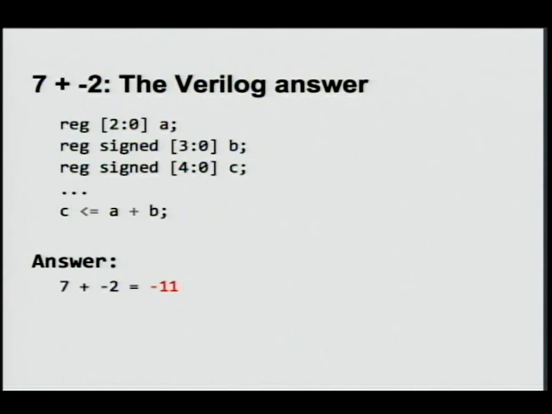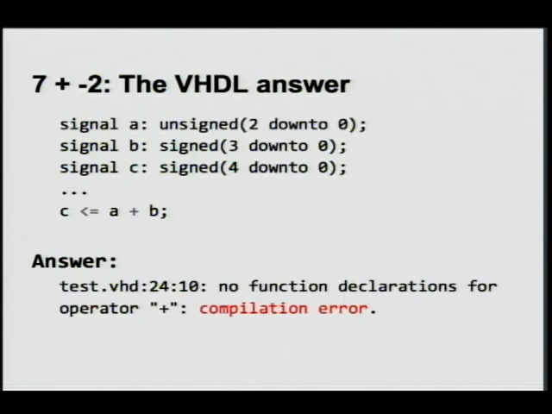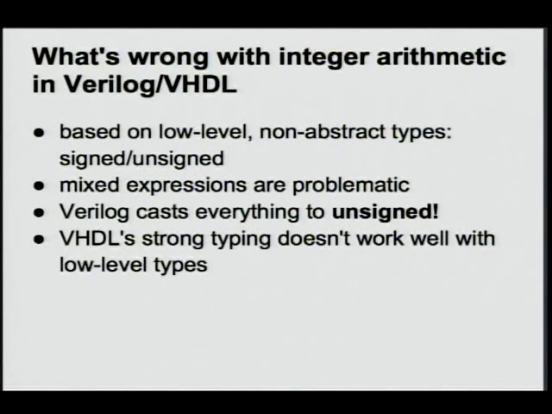Anyway, let's look at VHDL. Same thing. Slightly different syntax, but again, unsigned and signed. Equation: compilation error. You're not allowed to add a possibly negative number to a positive number. Doesn't work. So, what's the problem with all this? The problem is that Verilog and VHDL use lower-level types.